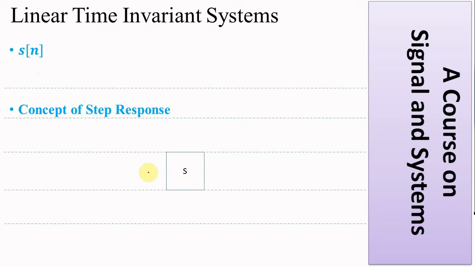So here also we have a discrete time LTI system S. I apply x(n), which is u of n, and I measure what is the output. So whatever is the output, we represent that with s of n.